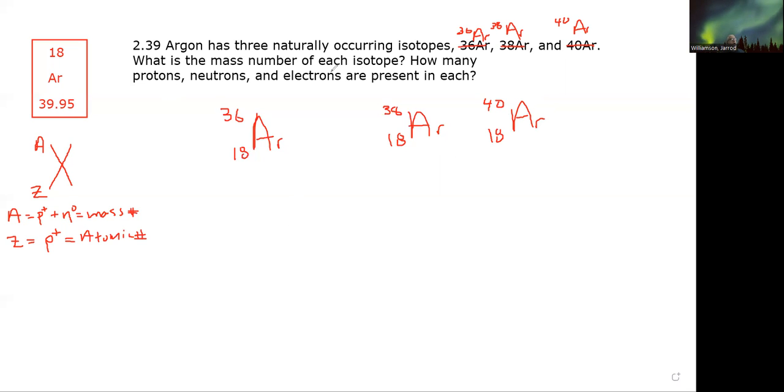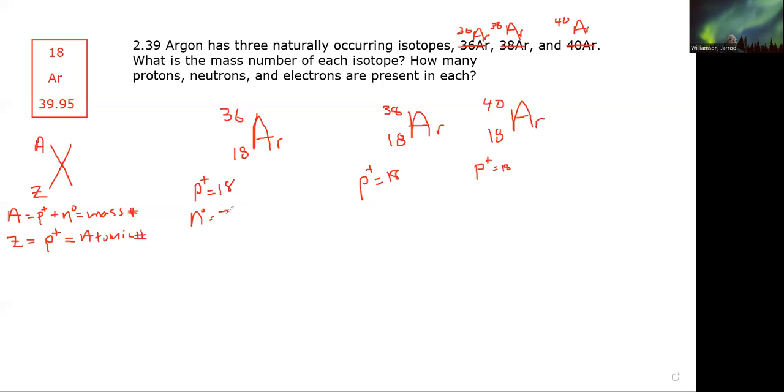Then it says, how many protons, neutrons, and electrons are present in each? Protons come from the atomic number, and that's 18 for each one of these. If it doesn't have 18 protons, it's not argon. If it's argon, it has 18 protons. How many neutrons?